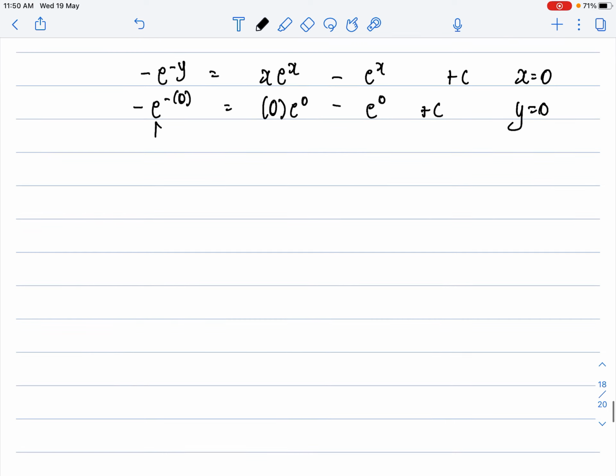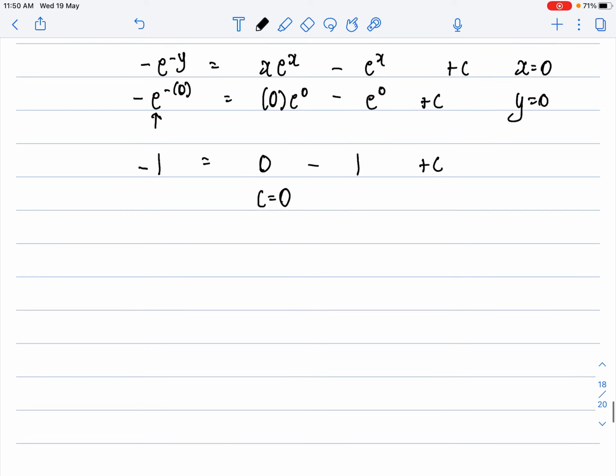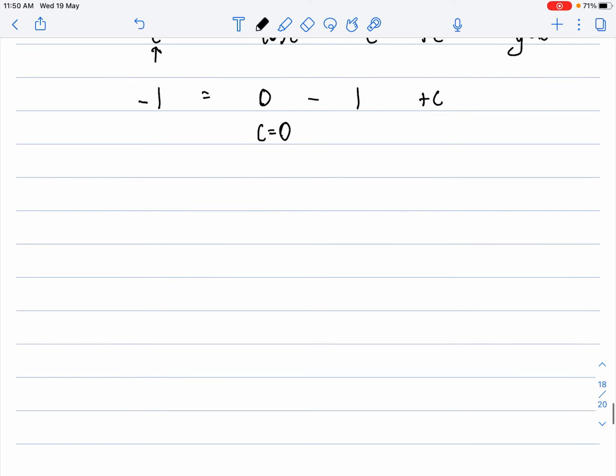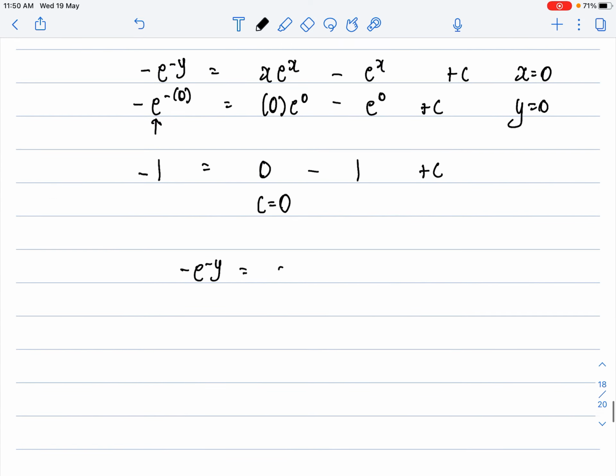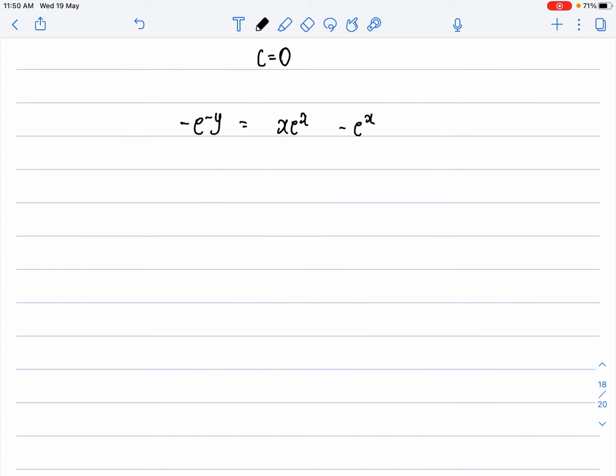So this gives me minus 1 equals 0 minus 1 plus c. So this gives my c as 0. Correct? Easy to solve. Now I have my equation as minus e raised to minus y equals x e raised to x minus e raised to x, and because c is 0 we don't need to write it.